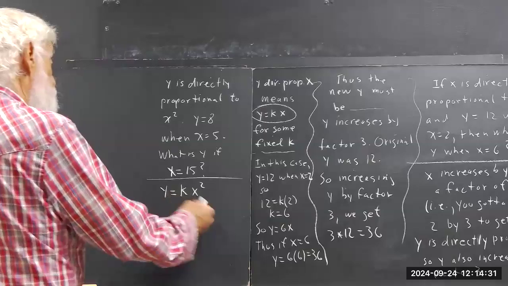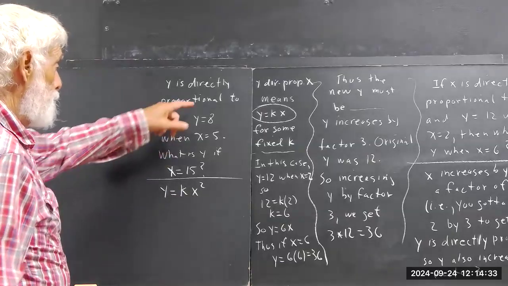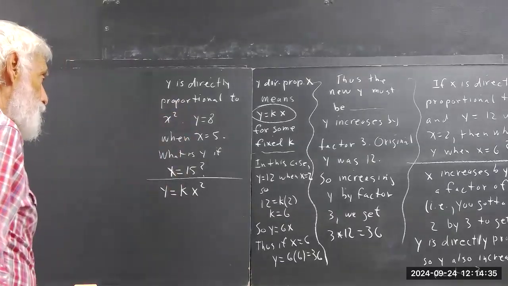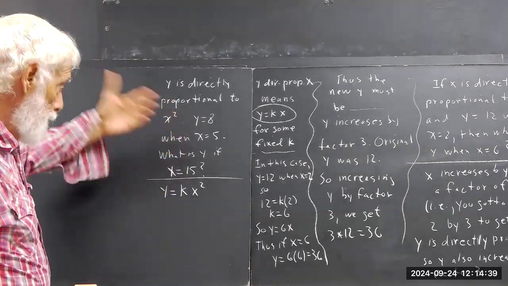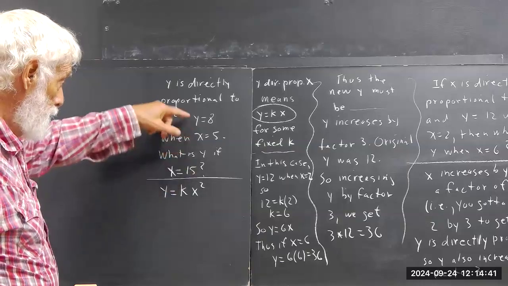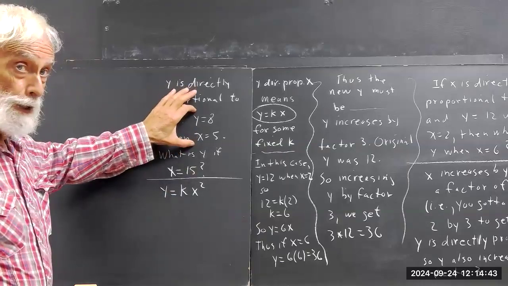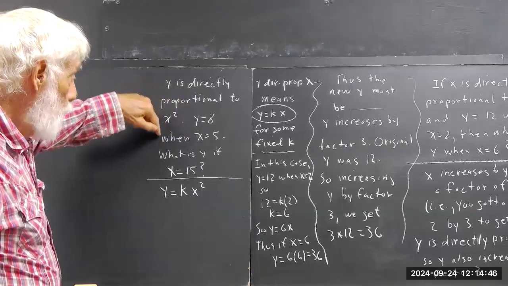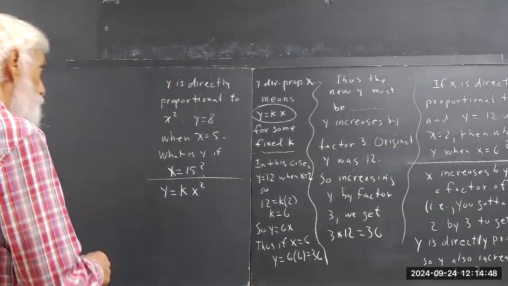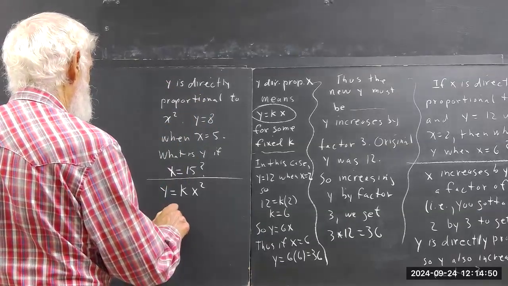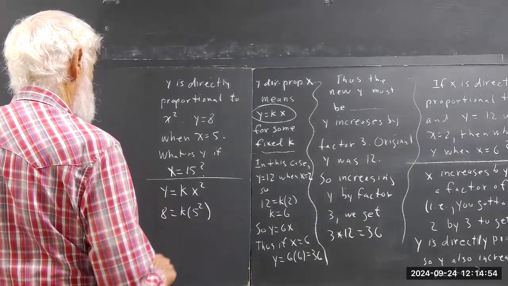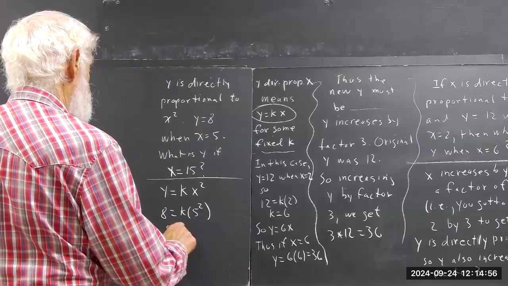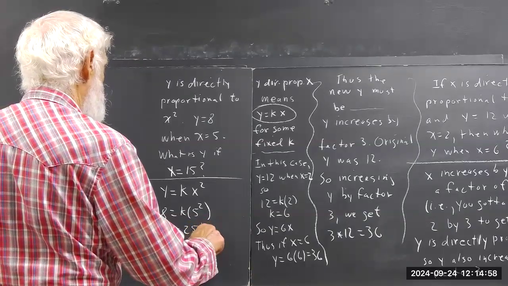Then you plug in numbers. Well, y is 8 when x equals 5. They're not going to put y equals 8 with x equals 15. You're going to find out what y goes with x equals 15. These two things go together. Y equals 8 when x equals 5. So we write 8 equals k times 5 squared. So that 8 equals 25k.